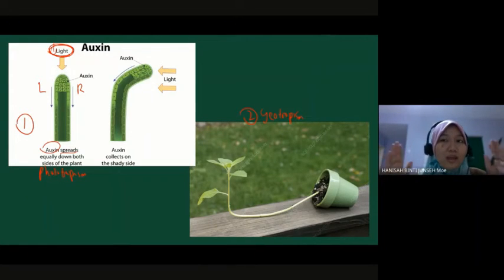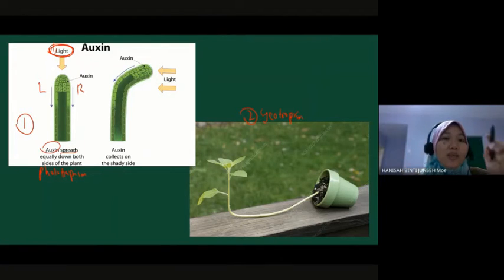You know already that auxin stimulates elongation, so both sides will elongate together.